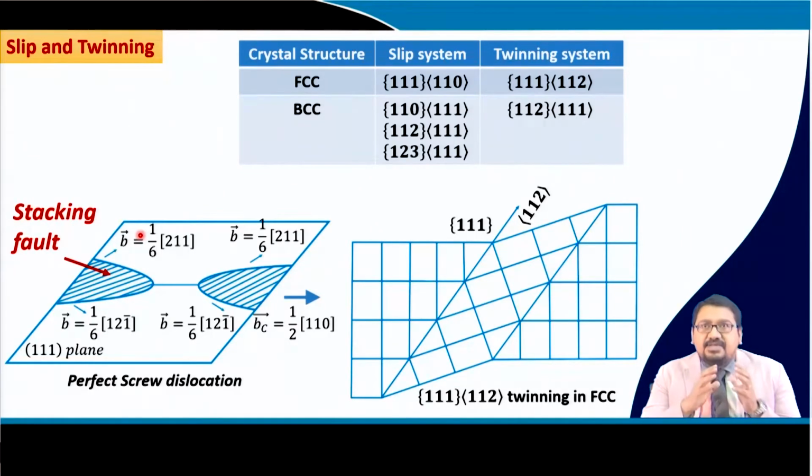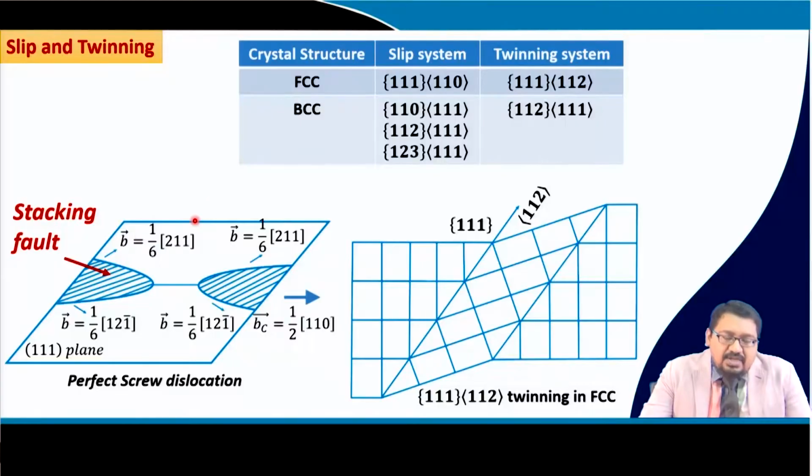In materials like aluminum and copper, the stacking fault energy is higher. In materials such as brass or other alloyed materials, the stacking fault energy is lower.